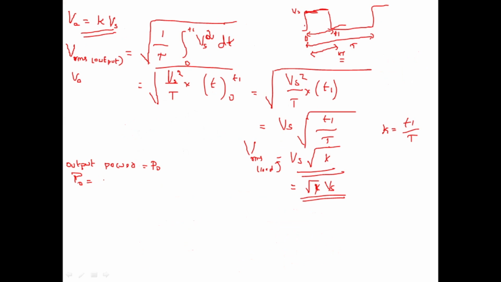Power is the product of current and voltage, correct? So we are calculating the average output power. Output power is nothing but the average value, always. Again, 0 to T integration, 0 to T1. It is a product of voltage and current.